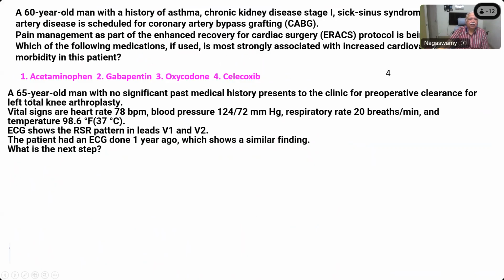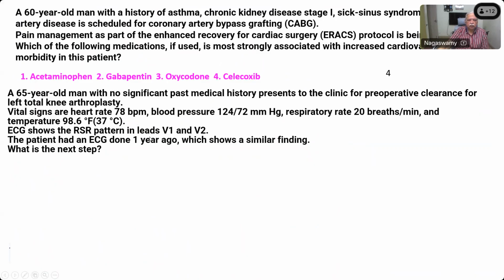Okay, right. Next case scenario is a 65-year-old man with no significant past medical history presents to the clinic for preoperative evaluation of left total knee arthroplasty. His vitals are heart rate 78, BP 124/72, respiratory rate 20, and temperature 98.6.